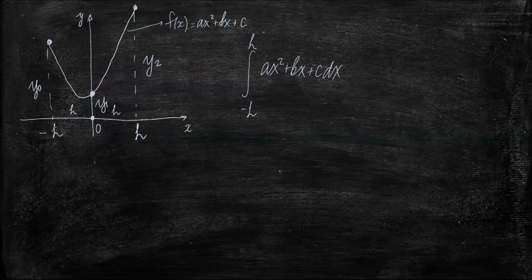First we have to find this a, b, and c. But after we find them and integrate, we end up with something that is actually quite nice. It's going to be one third, y0 plus 4y1 plus y2, and all that we multiply by h.